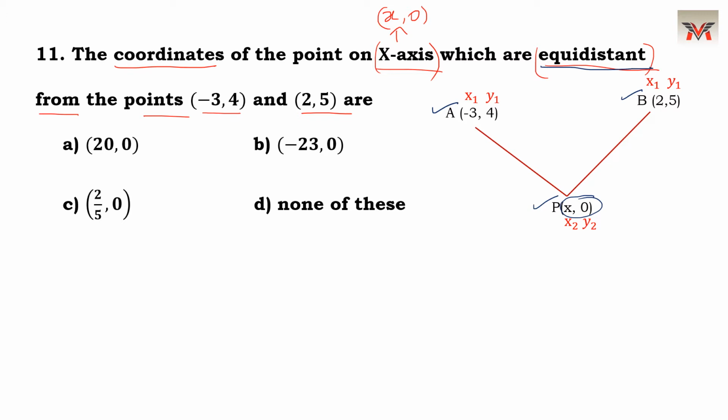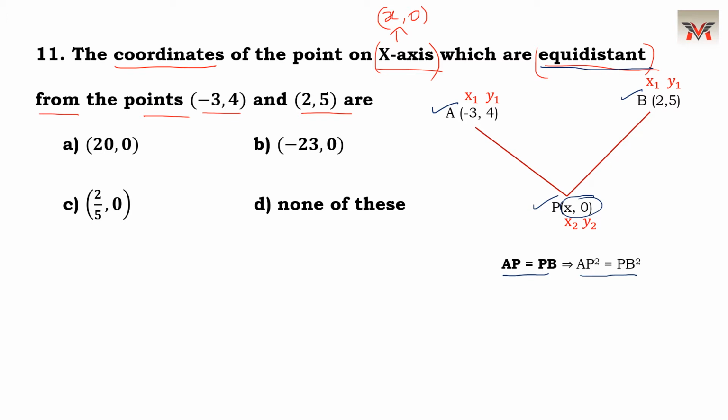Therefore, we can write that AP is equal to PB. That also implies that the squares of the distances are equal.